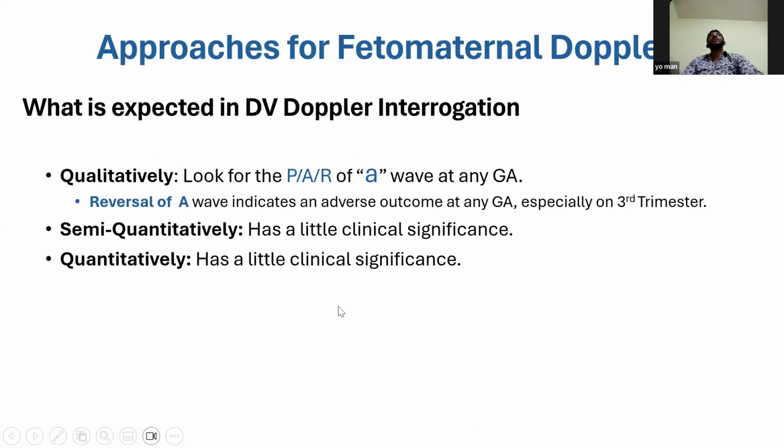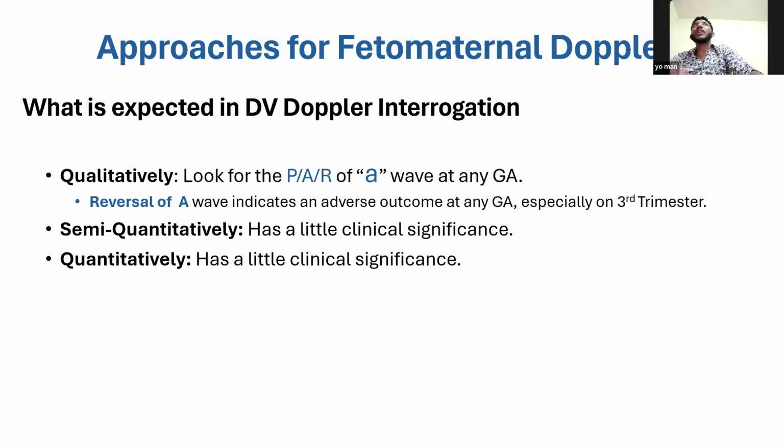So what's expected from ductus venosus Doppler interrogation? Qualitatively, we will look for the presence, the absence, or reversal of the A wave at any gestational age. If we find reversal or absence of the A wave, it indicates severe prognosis for the fetus.